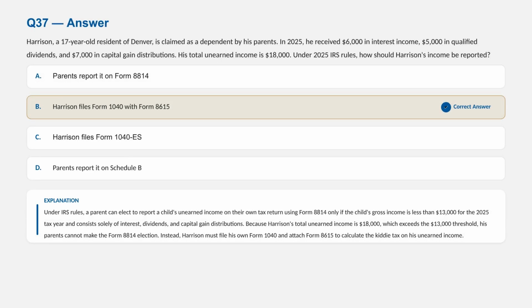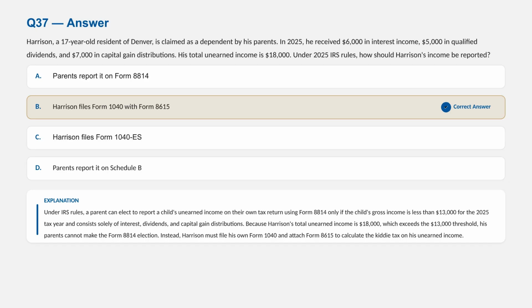The correct answer is B. Harrison files Form 1040 with Form 8615. Under IRS rules, a parent can elect to report a child's unearned income on their own tax return using Form 8814 only if the child's gross income is less than $13,000 for the 2025 tax year and consists solely of interest, dividends, and capital gain distributions.